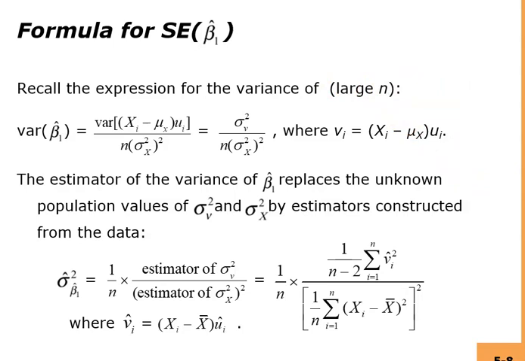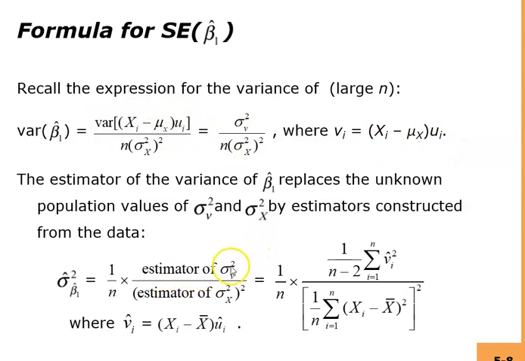Once we calculate beta 1 hat, we can also calculate the standard error of beta 1 hat. The estimator of the variance of beta 1 hat replaces the unknown population values of sigma v squared and sigma x squared by estimators constructed from the data. So how do we calculate the variance of beta 1 hat? You have the estimator of sigma v squared. Once again, v is equal to xi minus mu x multiplied by ui, and that is what we have over here.